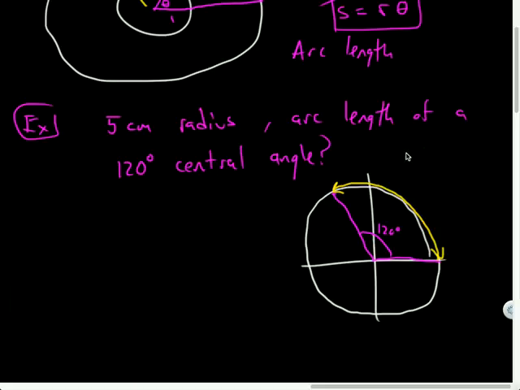We also know that our radius is 5. So my formula is S equals R times theta. So I need theta not in degrees though, but in radians. So that means S is equal to the radius 5 times, what's 120 degrees in radians?